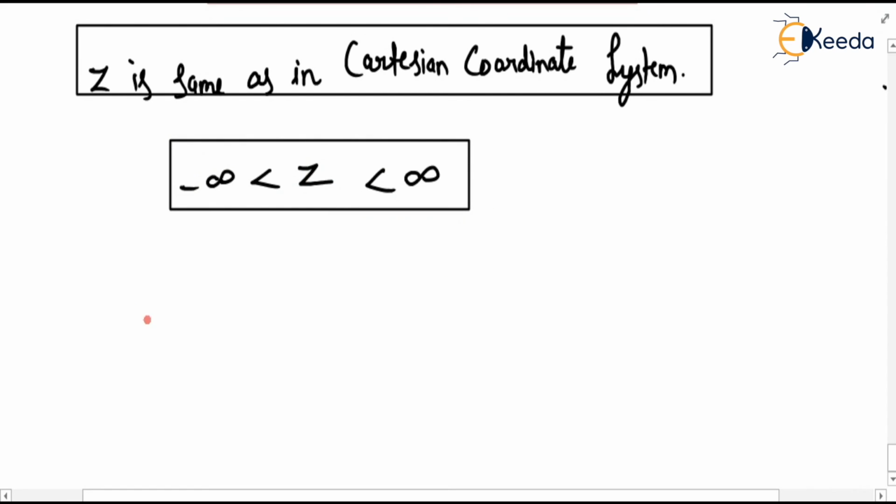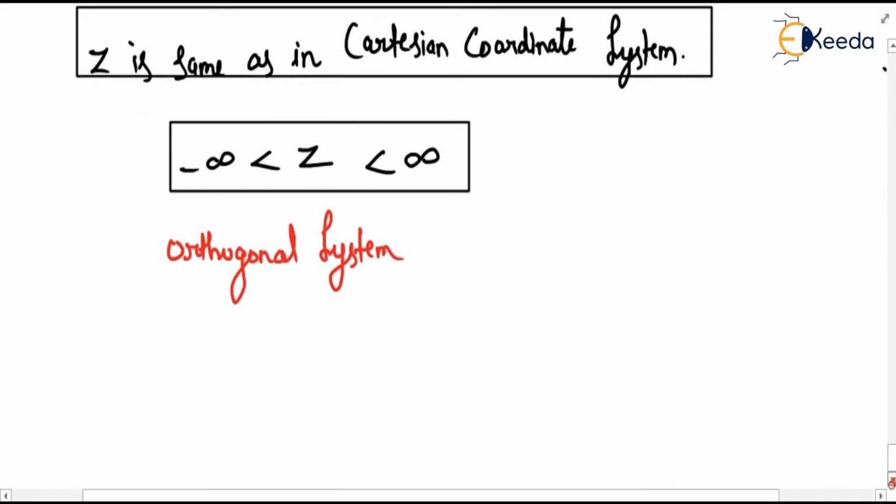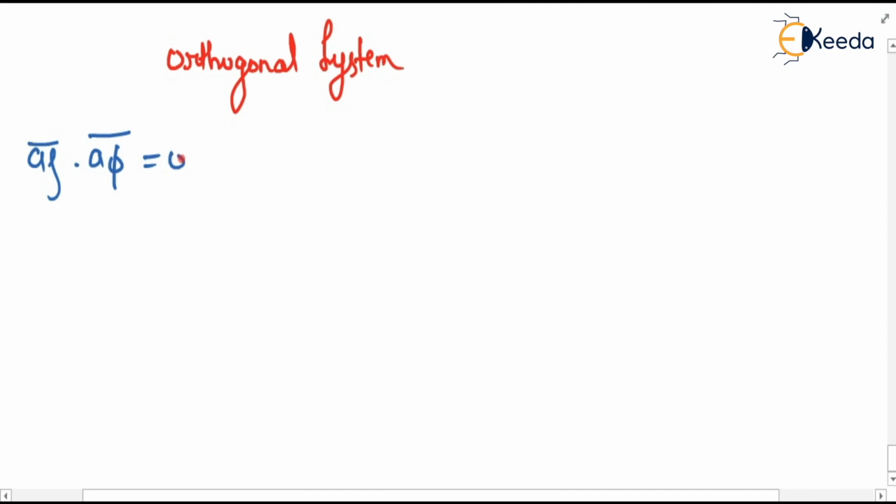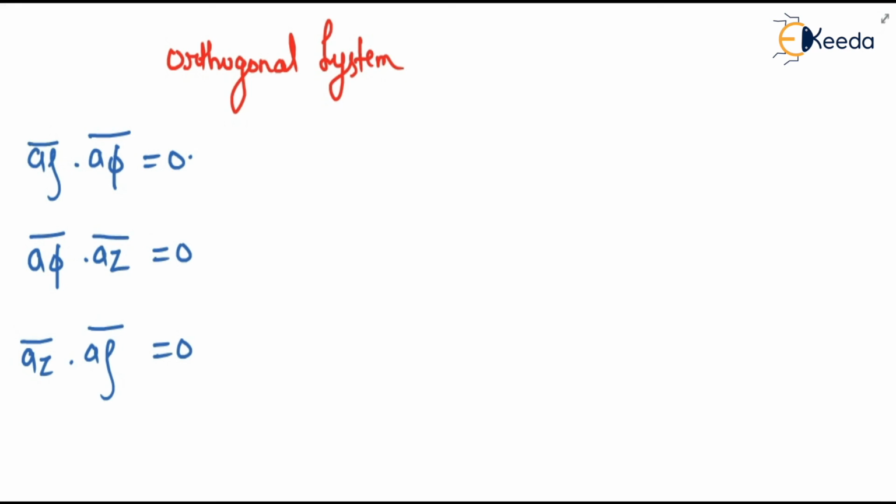Now this is also an orthogonal system. All the coordinate systems we study are orthogonal systems. If it is an orthogonal system, then a rho dot a phi is 0, a phi dot a z is 0, and a z dot a rho is 0.